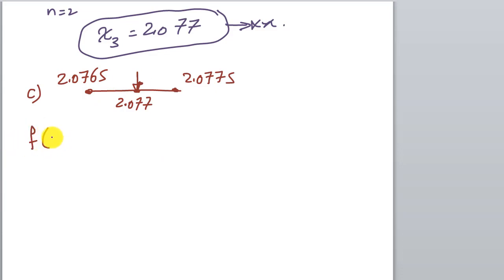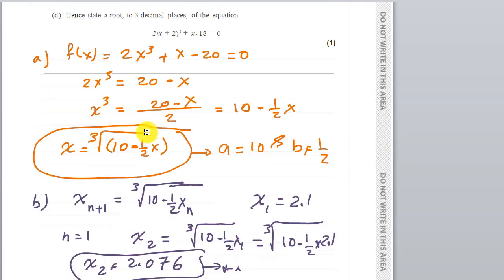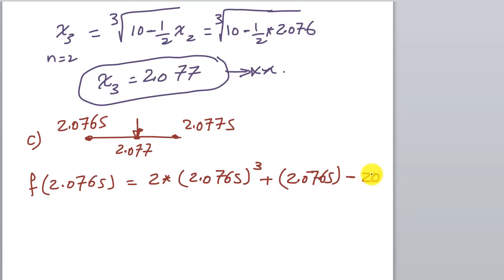So f(2.0765) equals, f(x) again is how much? 2x^3, so 2 multiplied by 2.0765 to the power 3, plus x, which is 2.0765, minus 20.